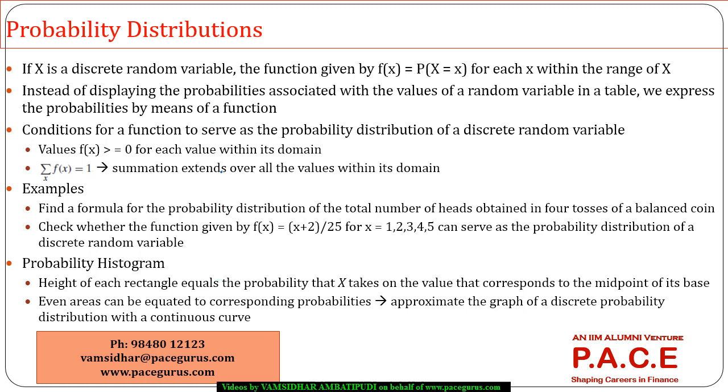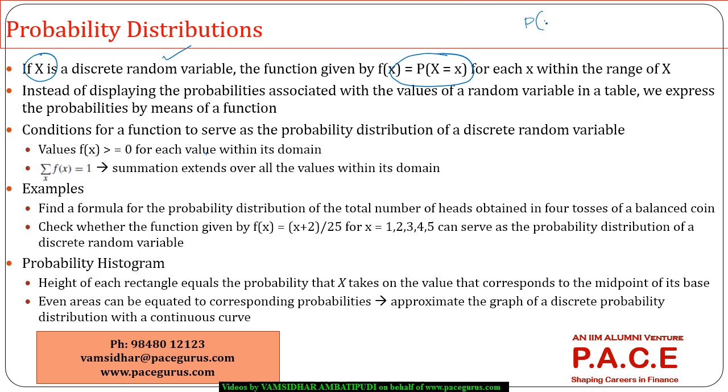As I have just given you a basic hint, if X is a discrete random variable, which is what it was in our earlier cases, right? We talked about 0 heads, 1 head, 2 heads, 3 heads, 4 heads. So it's a discrete random variable. The function f of x equal to P of X equal to x.